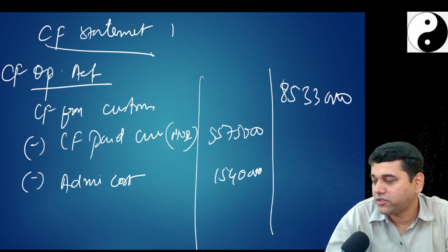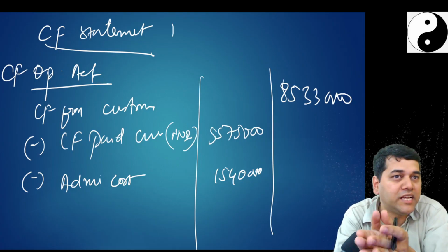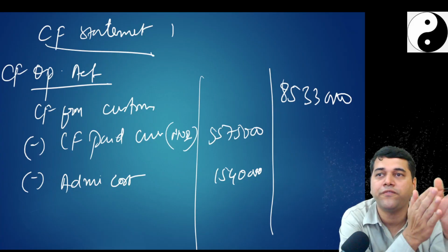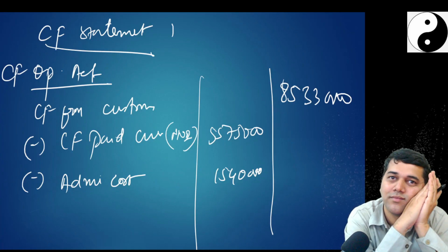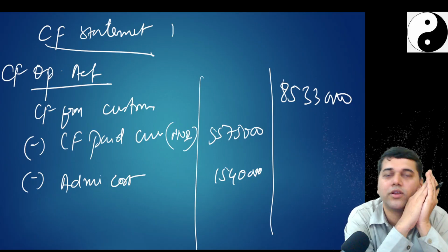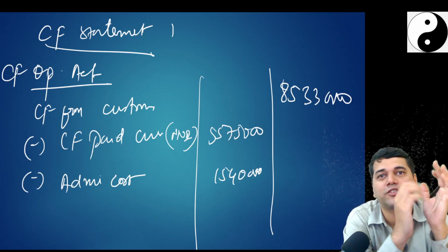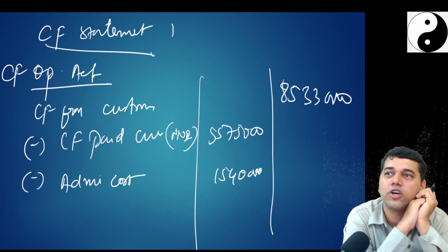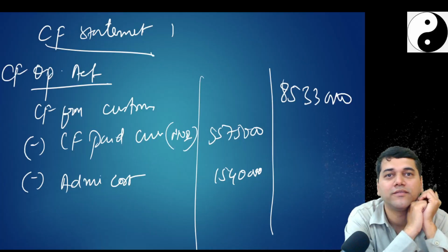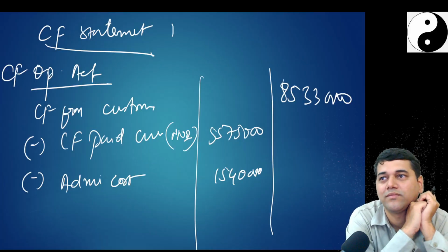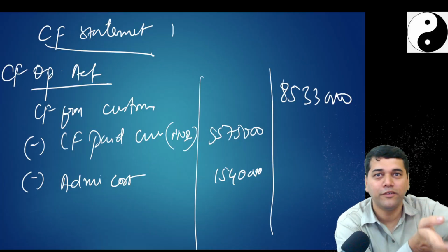Is this fire insurance claim an operating income, investment income or financing income? Okay, you take: stock is destroyed. Operations. Building is destroyed. Operations. You say investment activity.